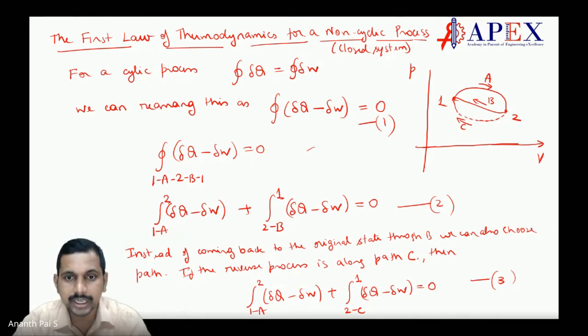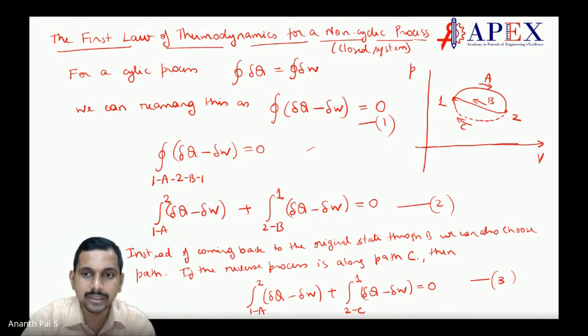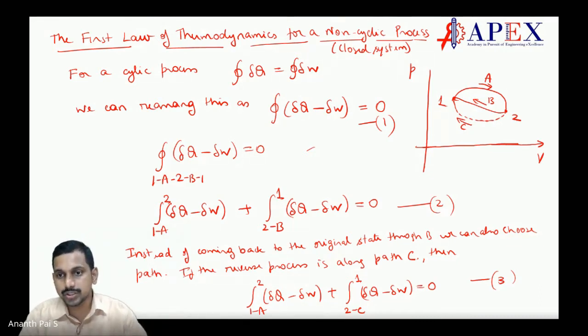In a non-cyclic process, we have taken two closed cycles. One is 1A2B1 and the other is 1A2C1. These two cycles we consider.